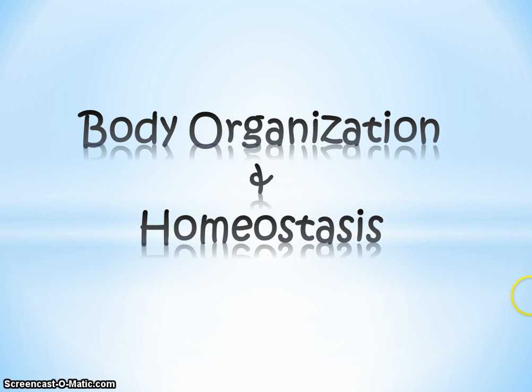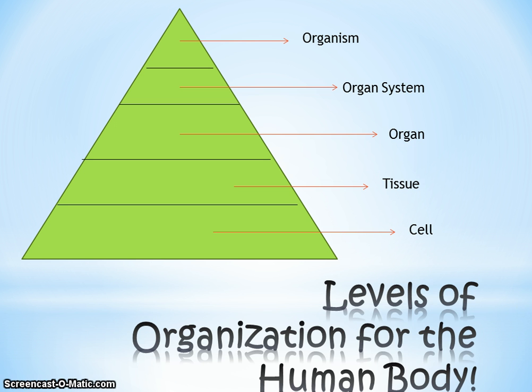Okay, so let's move right along. Now, the levels of organization for the human body are really easy. They're not bad at all. There are 5 levels of how the human body is organized. If you're following my cursor, first at the bottom you have cells. If you put a bunch of cells together, and they perform a similar function, then you step up to the next level, which is the tissue.